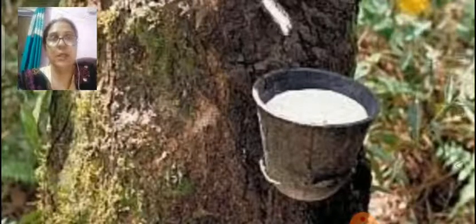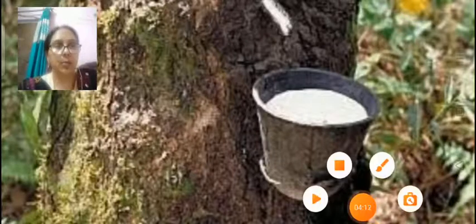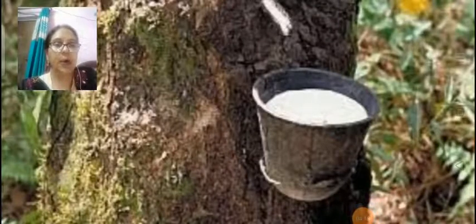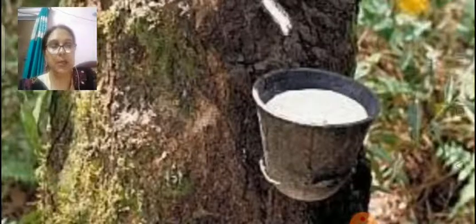As you can see, this is a rubber tree and latex is coming out. Okay children, so opium is actually the dried latex from the opium poppy. Latex is not the same as sap, but is a separate substance created by the plant as protection against insects.